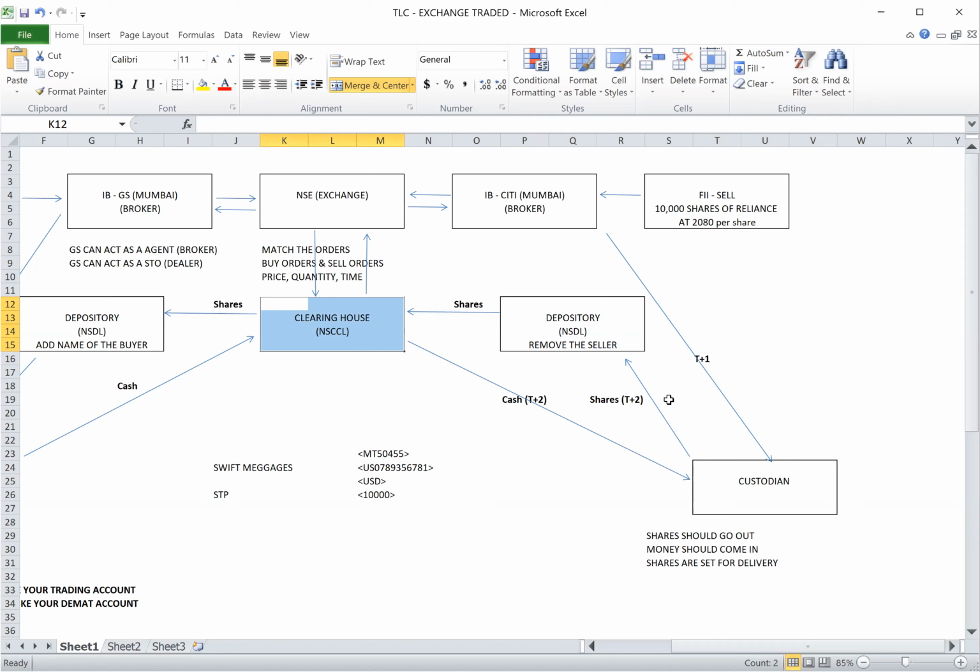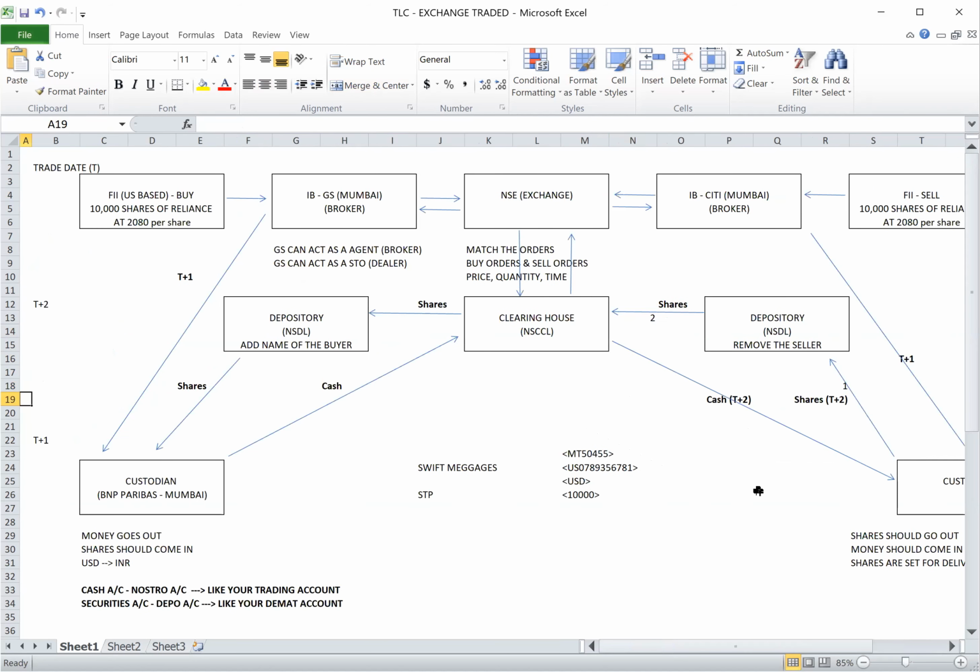Yes, sir. So first, second. Okay. Third, what will happen? The cash needs to be paid. From the buyer side, the cash will move to the clearing house.